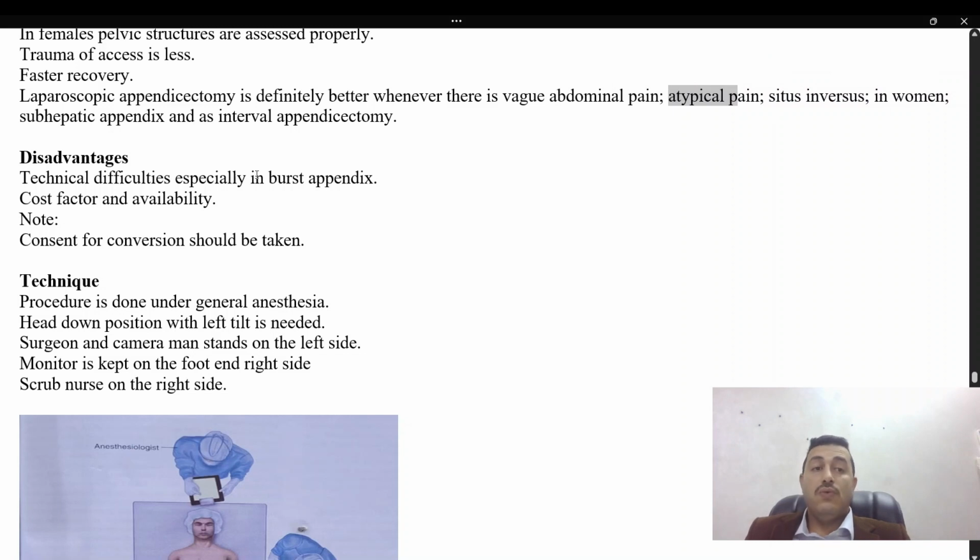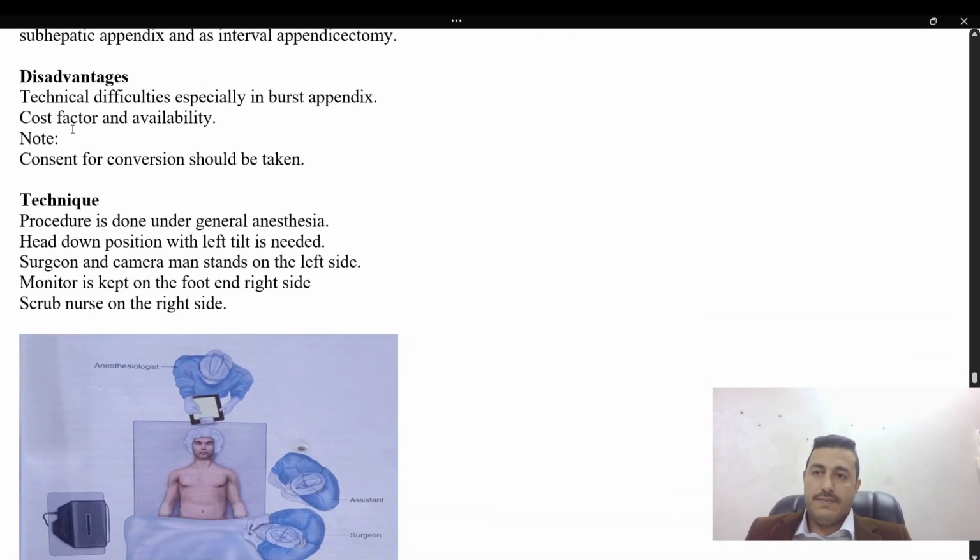And in women, it's better. Subhepatic appendicitis. Okay. Disadvantages, we said: the technical difficulties, the cost, and please consent every patient going to have laparoscopic appendectomy that it may be converted to open.